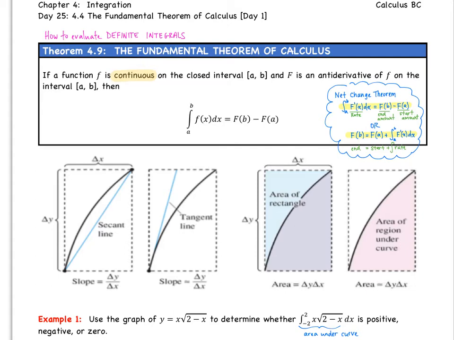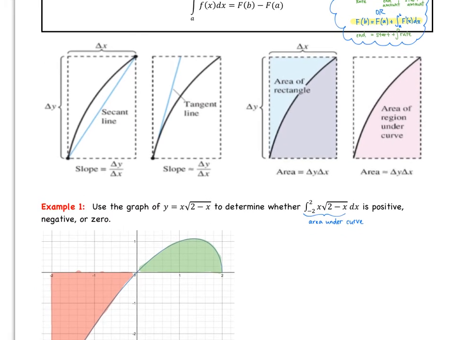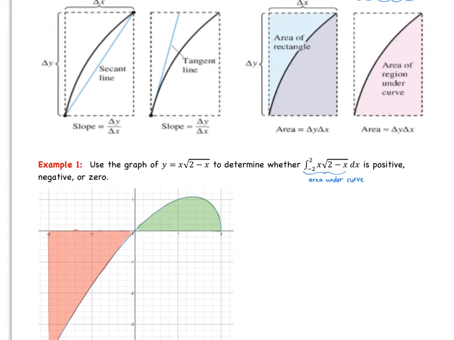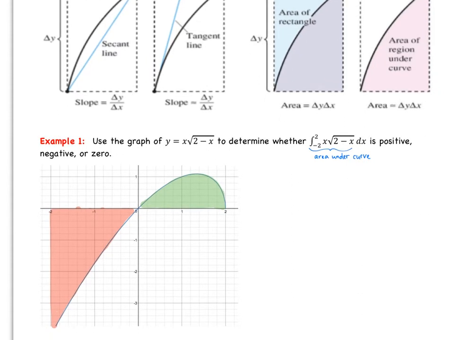So let's look at this first example, where I want you to use the graph that's given to determine whether the integral from -2 to 2 of that y value, x times the square root of 2 minus x, is positive, negative, or 0. So remember, the integral represents the area under the curve, or simply the area between the curve and the x-axis.